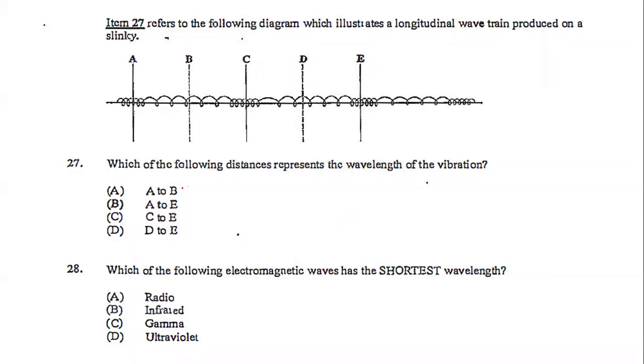So it is not A. We look at B, which is A to E. And A to E is actually one, two, sorry, this is one and this is two. Two wavelengths, so that is not correct there. C to E, yes, C to E here is indeed one wavelength. We start with a compression and we end with a compression here. So the answer there is indeed C.